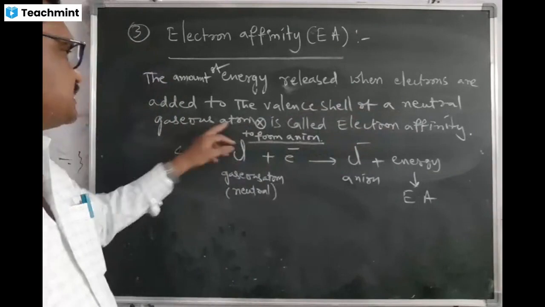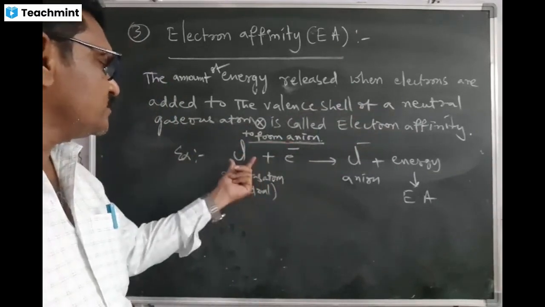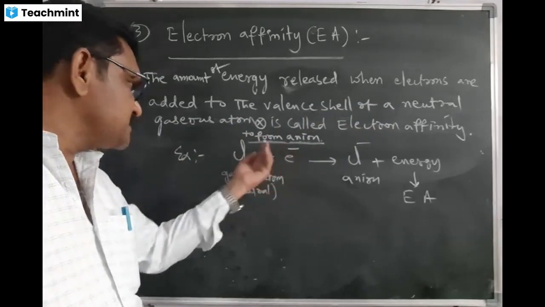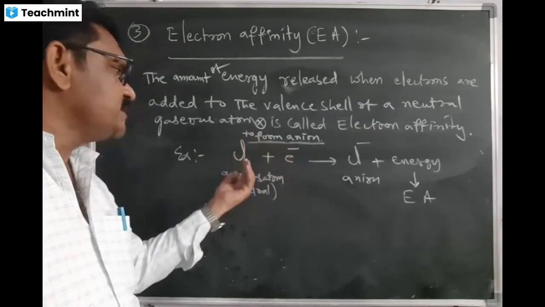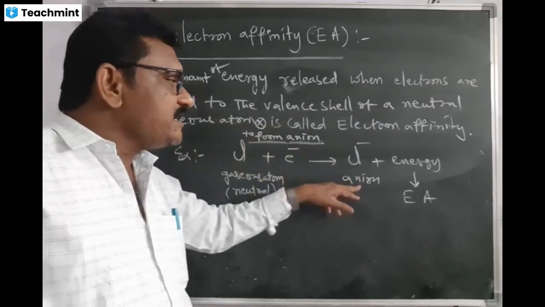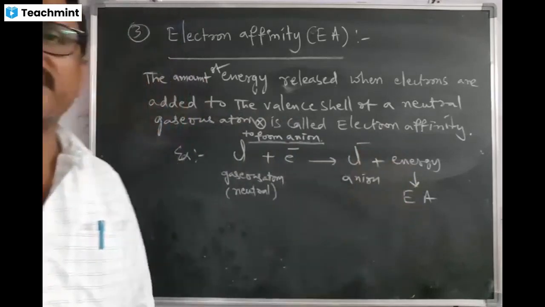One thing you remember: the neutral gaseous atom forms an anion. See here, you can take a neutral chlorine gaseous atom. To this you add an electron. During the process of adding an electron to the neutral chlorine gaseous atom, it changes to an anion and there is a liberation of some amount of energy. That energy we consider as electron affinity.